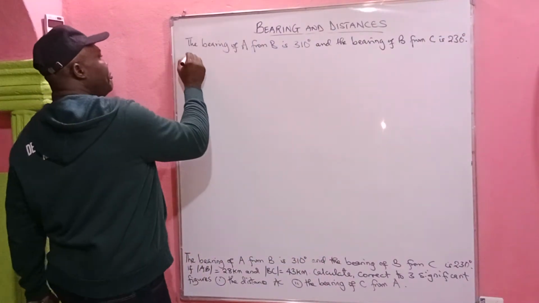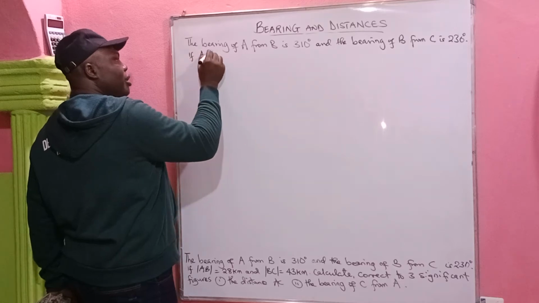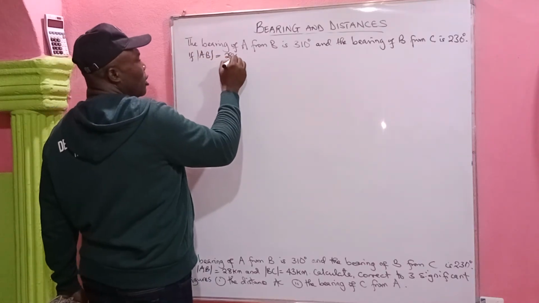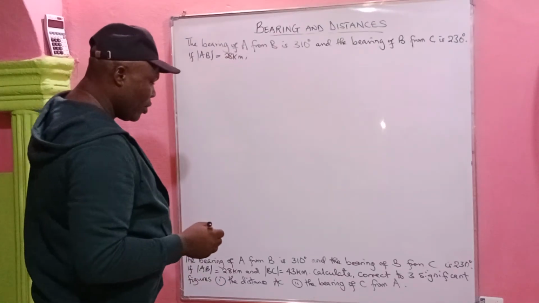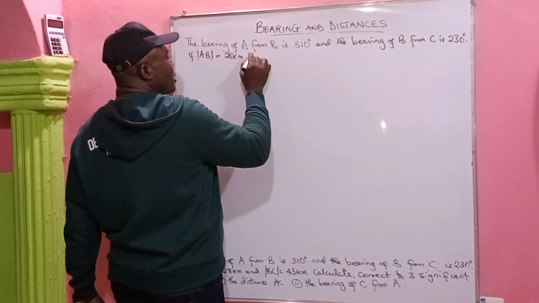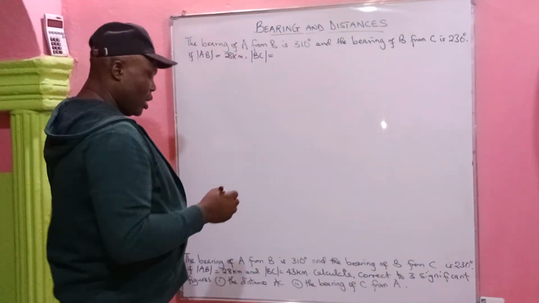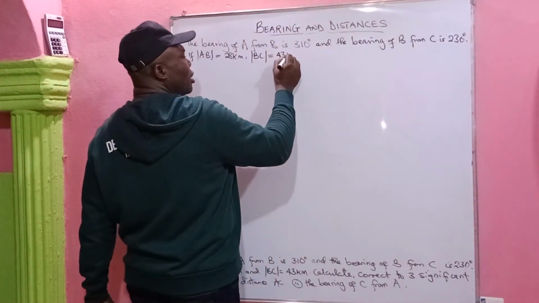They now say the distance from A to B is 28 kilometers, and the distance BC is 43 kilometers.